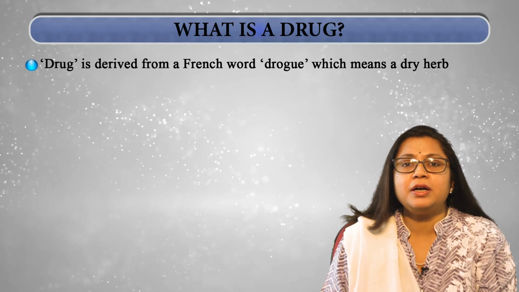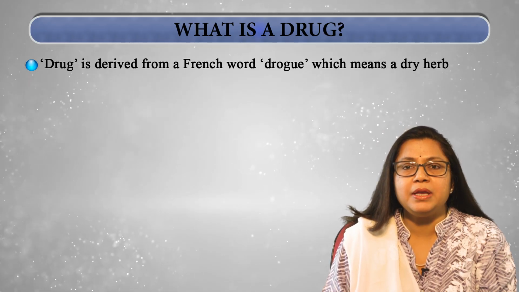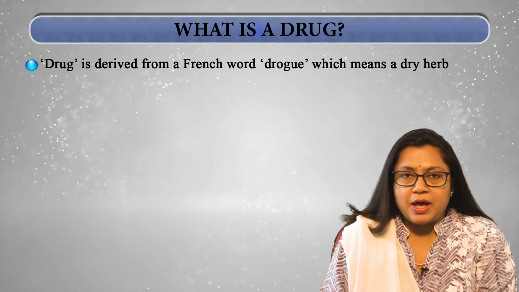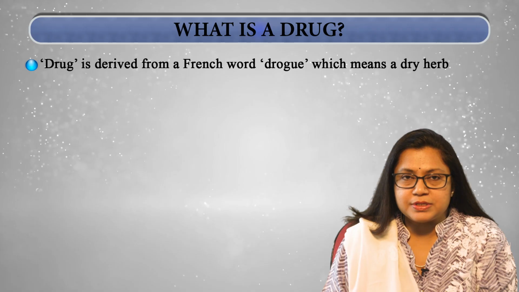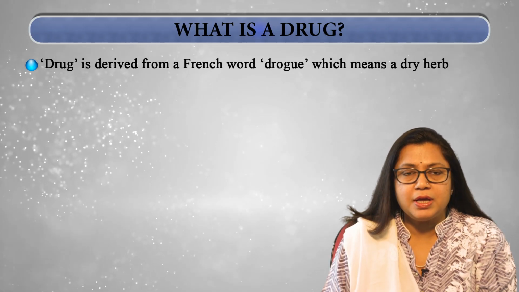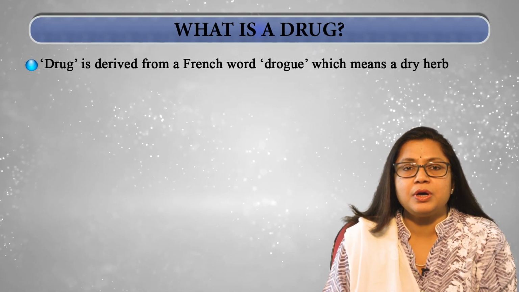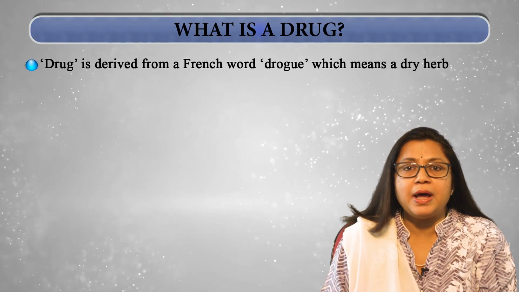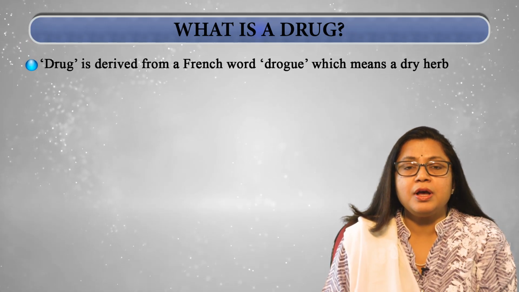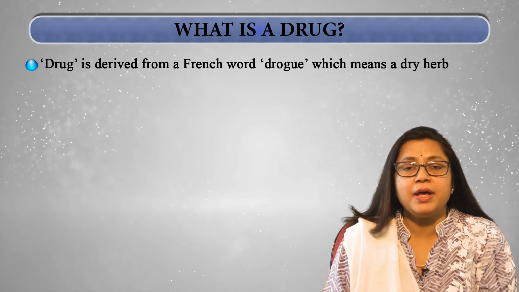Drug is a term which is derived from a French word, drogue. In India we have the Ayurveda system and our own homeopathic system. Similarly, in the allopathic system, mostly we follow words which are of German and French origin. In French, drogue means a dry herb.